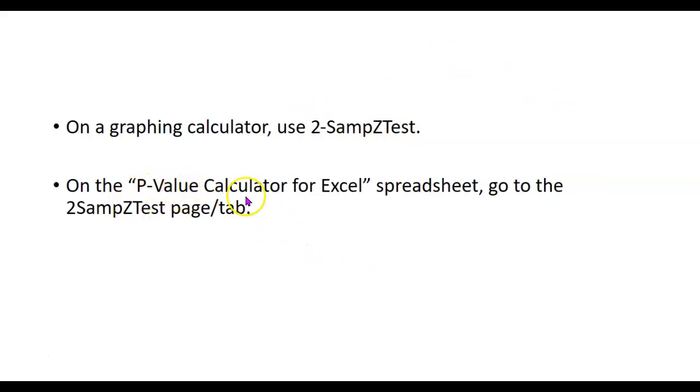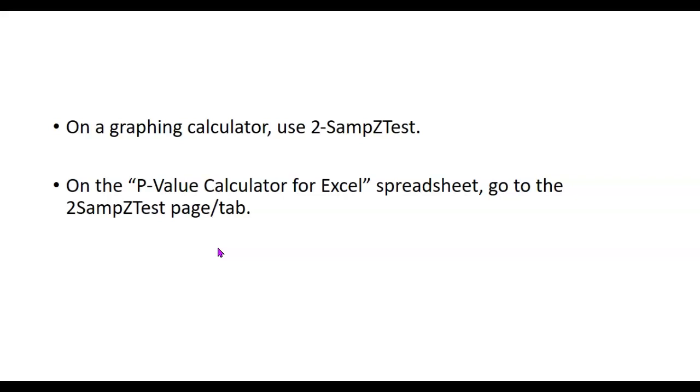And if you're using the p-value calculator Excel spreadsheet that I posted on Canvas, that you could download and use for these kinds of problems, there's a tab labeled 2samp z-test that you would go to and type the numbers in there. And it would give you the test value z and also the p-value.